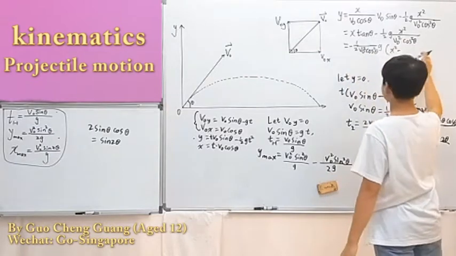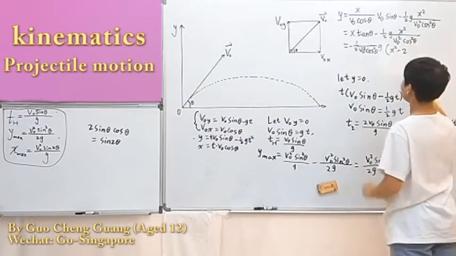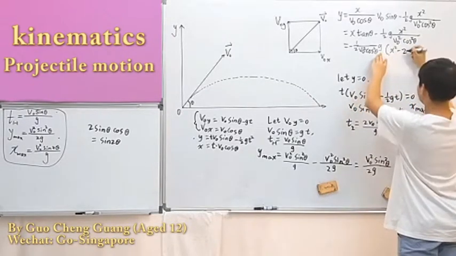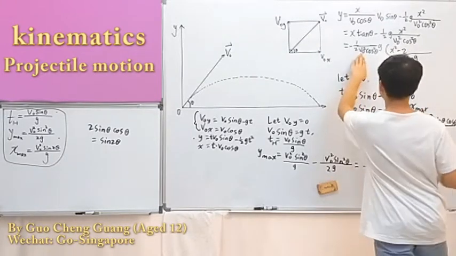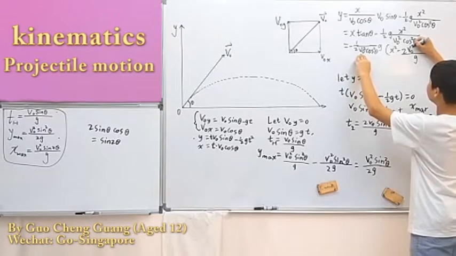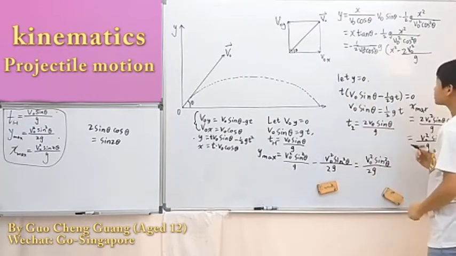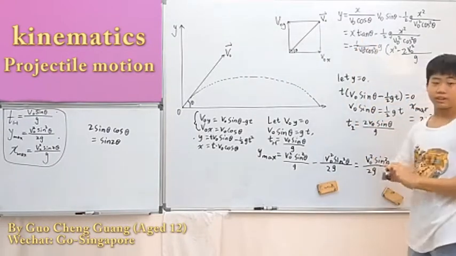Let's see what you will need to put in. Of course, it's negative here, then 2. You don't have this g, you have over g. From this part, initial velocity squared. But wait, this cosine squared, cosine squared, cosine. But here you have a tangent.